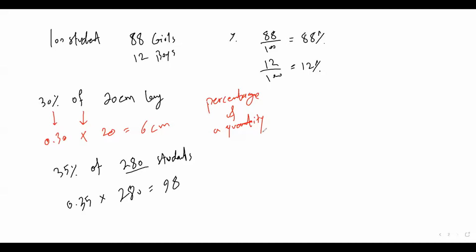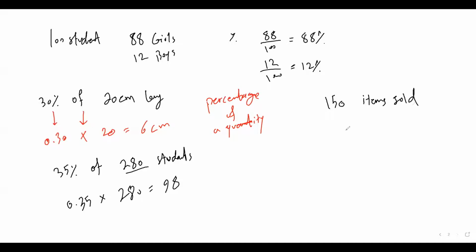Let's say we have the total number of items sold in a shop. So we have a total of 150 items sold.